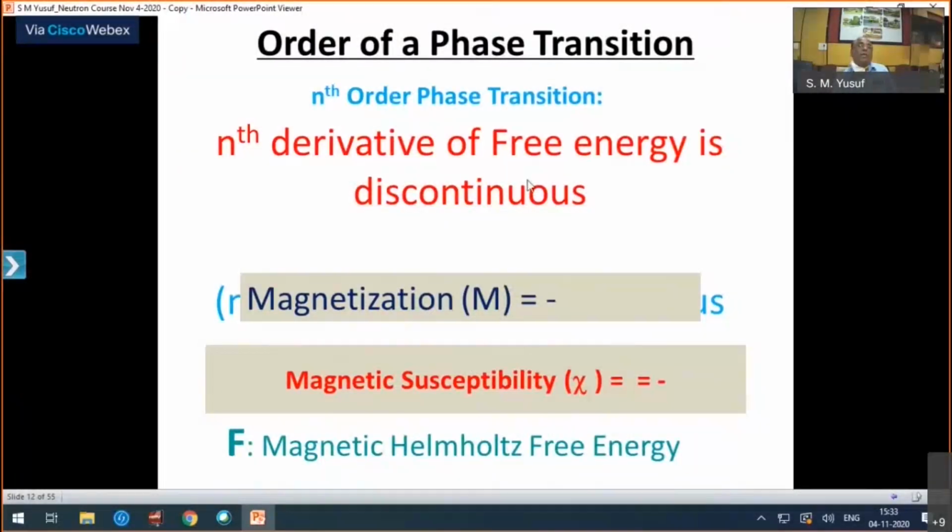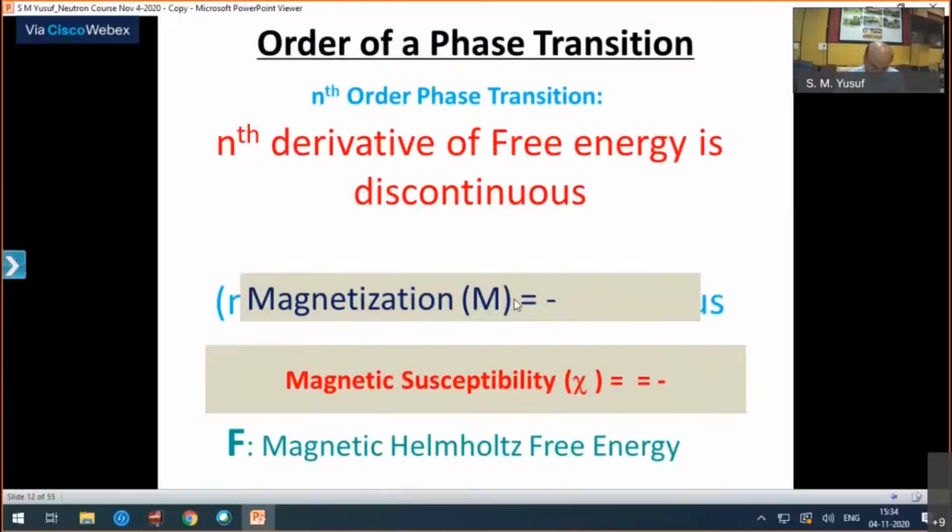Okay, see, the magnetic phase transition, when we talk about the order of the phase transition, is defined so that if it is an nth order phase transition, the nth derivative of free energy is discontinuous, but the (n minus 1)th derivative is continuous. There is a little problem in this matching, because of different versions of this PPT. Phase transition: I just talked about the ordered state to disordered state transition.